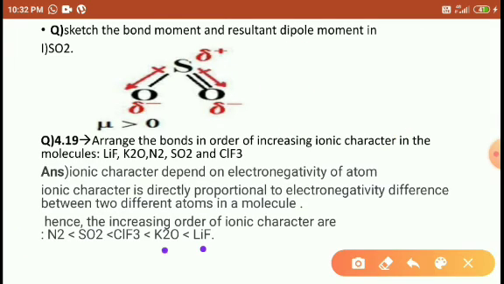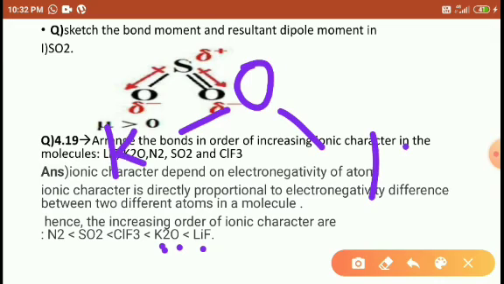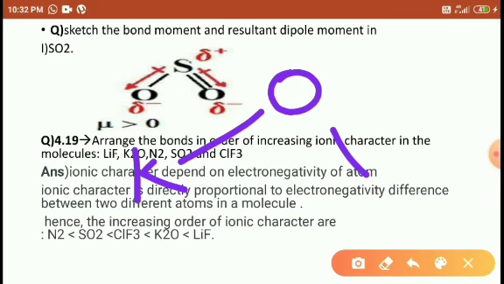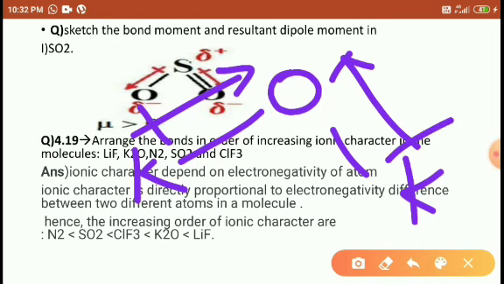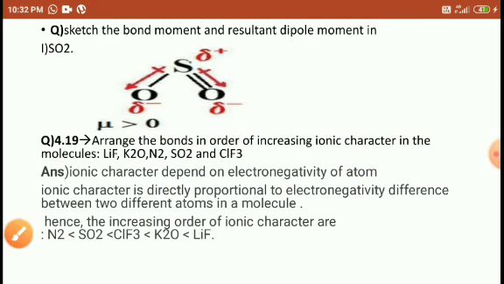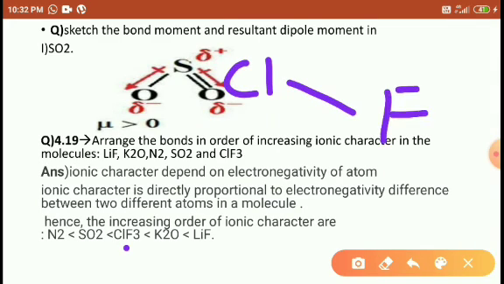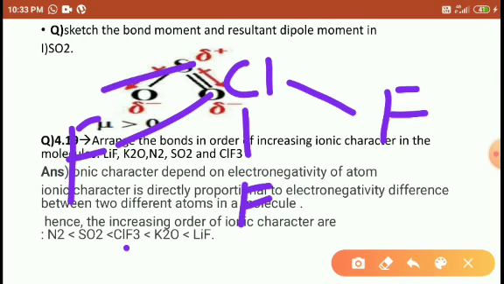And potassium oxide: potassium is a metal, oxygen is a non-metal. One oxygen attracts the two potassiums, like this, students. So the dipole moment is greater than 0 here also. Chlorine trifluoride: one chlorine attracts three fluorines. Fluorine is highly electronegative and chlorine is positive.